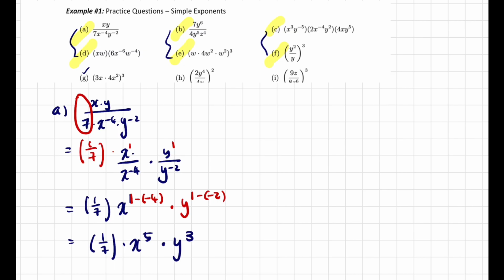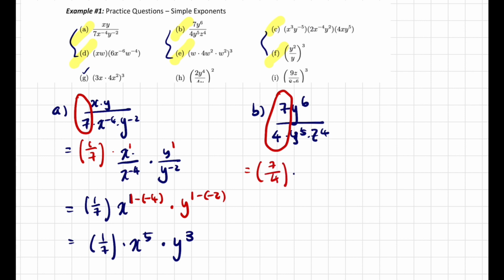Okay. Then question B, we have 7y to the power of 6 over 4 times y to the power of 5 z to the power of 4. So I'm going to take the coefficient out first. So we have 7 over 4 times y to the power of 6 over y to the power of 5 times 1 over z to the power of 4, right?